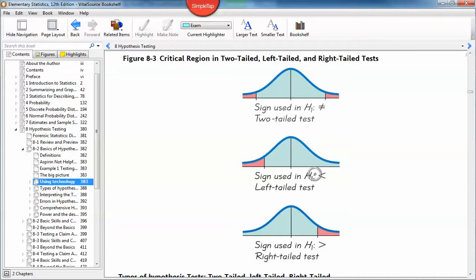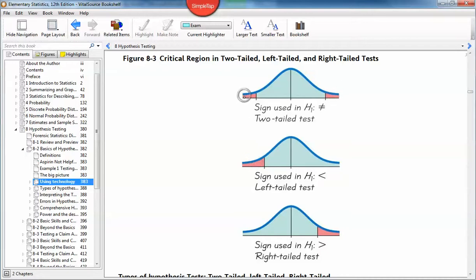If your alternate hypothesis has less than, it is a left-tailed test. That means that the critical region is all on the left side. Notice that if you look at the graph above, the graph for the left-tailed test looks about twice as big, because it is. If you took those two together and put them there, those regions would be the same.